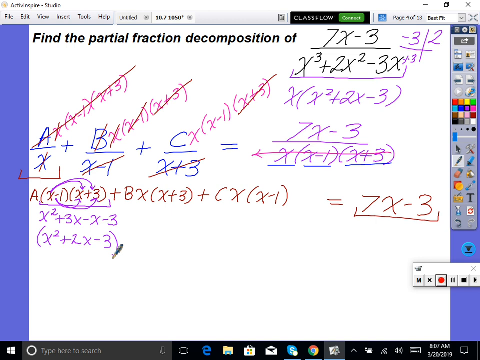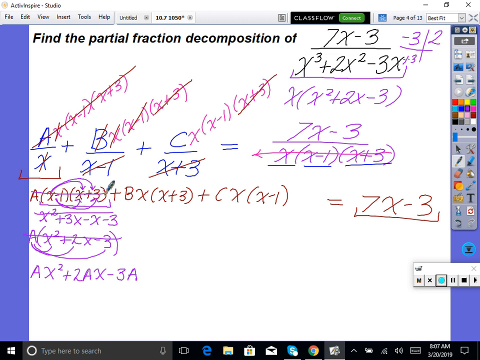And all that stuff needs to be times by a. So now let's distribute our a in. So wouldn't that be now ax squared plus 2ax minus 3a. Okay, so now I can go ahead and cross out all that stuff because I've now distributed that.